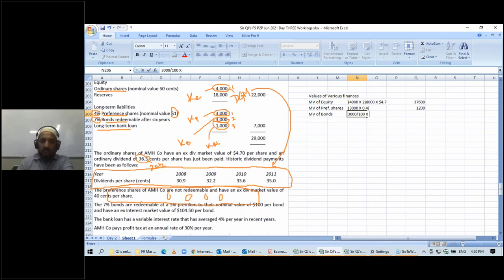Each bond's market price is given in the question, and that is $104.5. So this gives you the market value for these bonds. This is 3135.